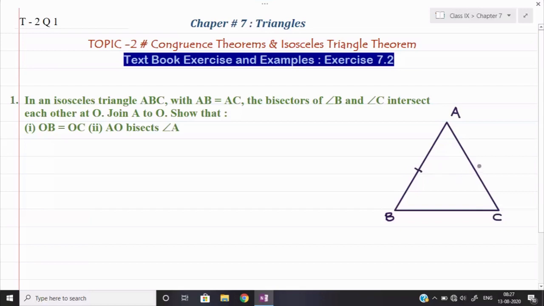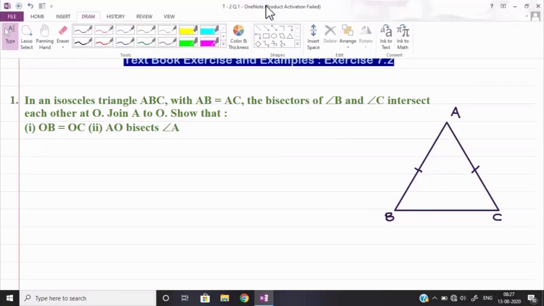Now they are saying the bisectors of angle B and angle C intersect each other at point O, meaning from angle B we need to draw its bisector, and from angle C we need to draw the bisector of angle C, and both intersect at a point O. So let us draw the bisectors here.